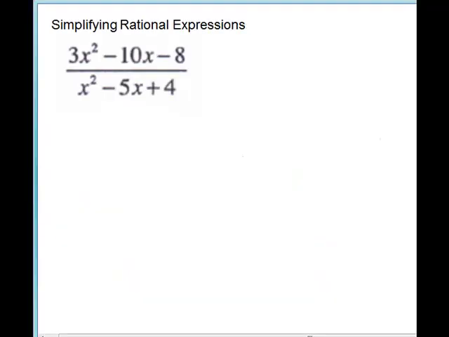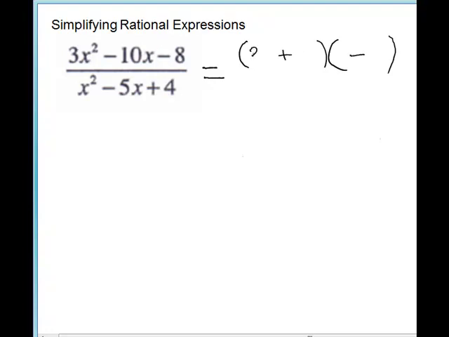You will soon notice in these problems that the real work is just factoring. So we have to factor everything before we can divide out. And our numerator is one of the trinomials with a number in the front, so it's going to be a lot of work. I'm just going to kind of get it started and give you the answer. I'm going to have different signs in there.